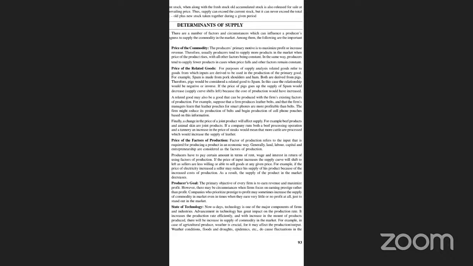Likewise, when the prices are lowered and demand is increasing, then the producer has to ensure that they supply sufficient goods or services to the market, because now they are going to be demanded more because the prices are lower. When the demand is more, now you have to do more supply.